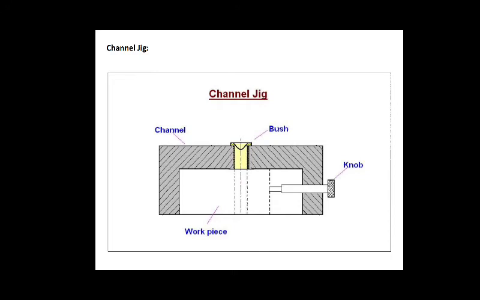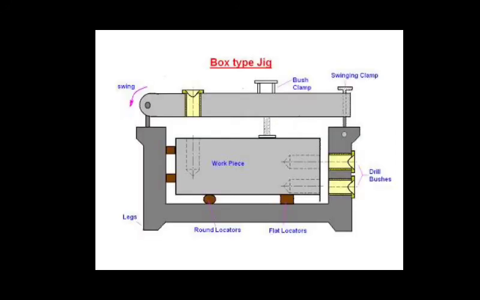Now let us see the next type of jig, that is the box type jig. When the holes are to be drilled in more than one plane of the workpiece, this box type jig is used. For positioning the jig on the machine table, feet have to be provided opposite each drilling bush plate.